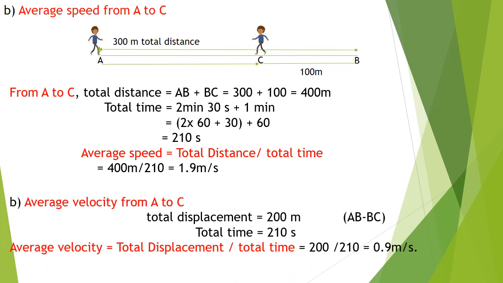That means 300 minus 100 gives you 200. So A to C, the displacement is 200. So you get the average velocity as total displacement by total time, that is 200 by 210, that is 0.9 meter per second. Children, hope it is clear.